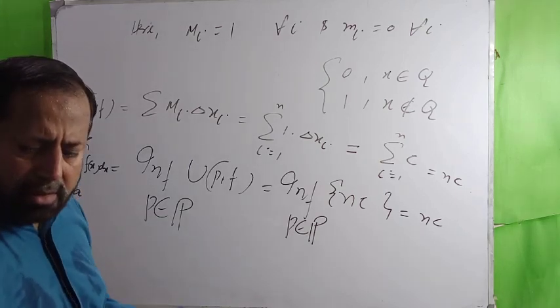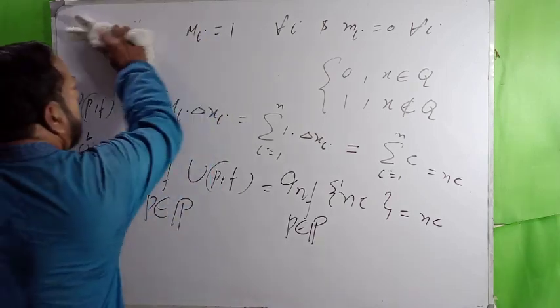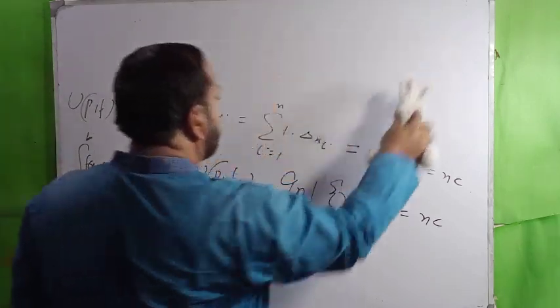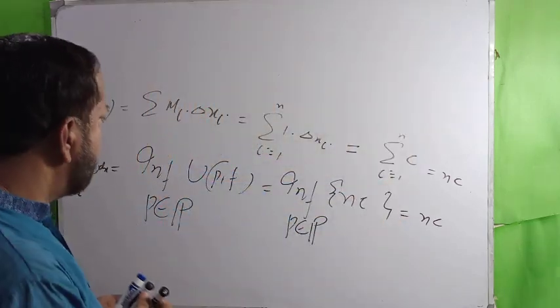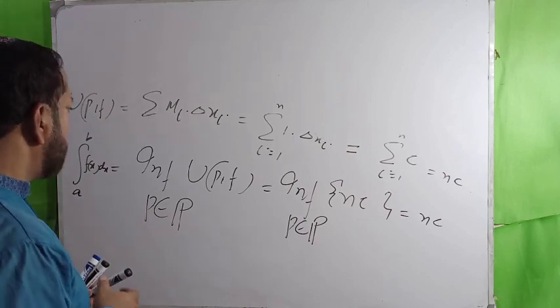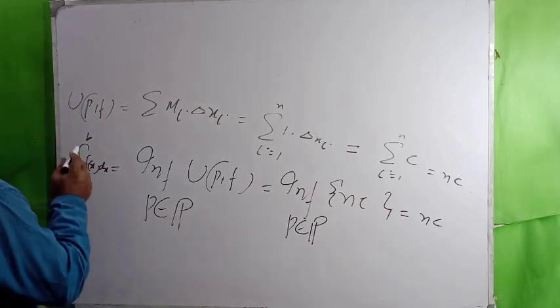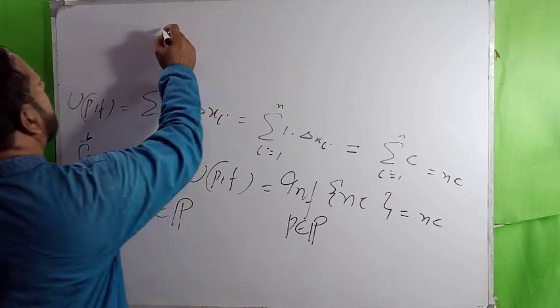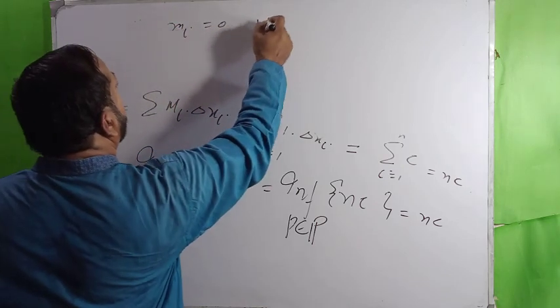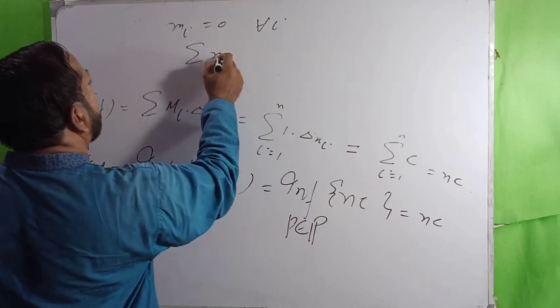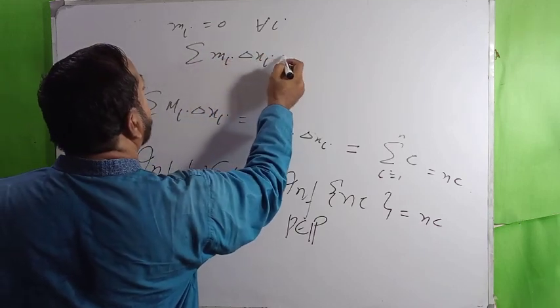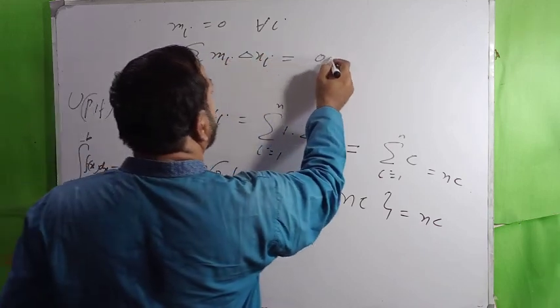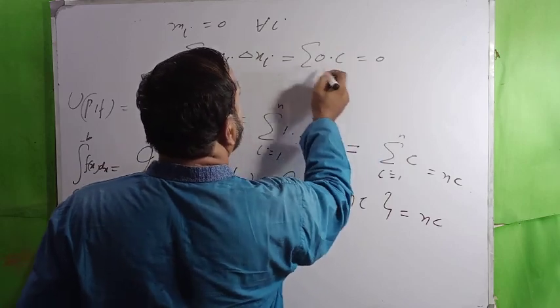Similarly, you can find the lower integral. For the lower integral, since mi is equal to 0 for all i, the summation of mi delta xi is equal to 0 into c, which is 0.